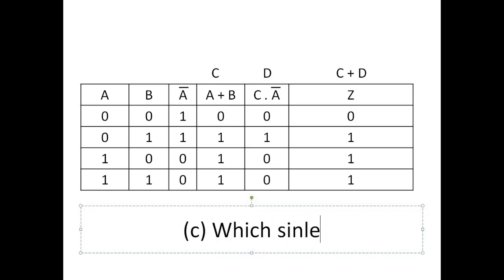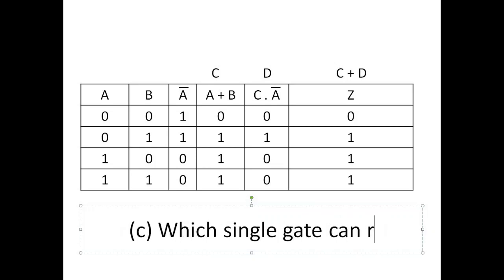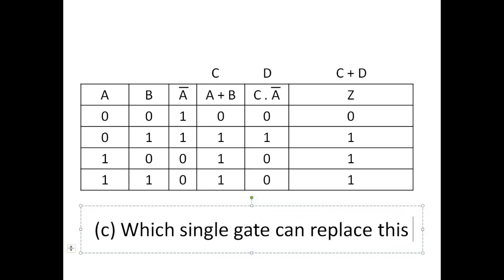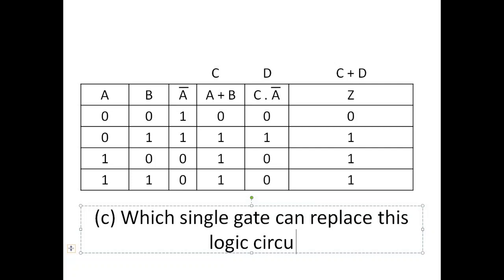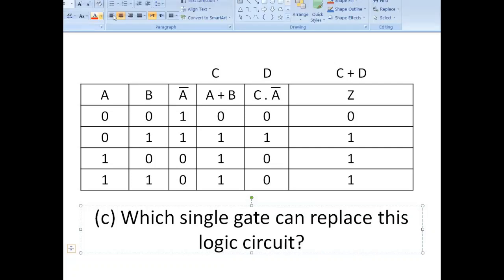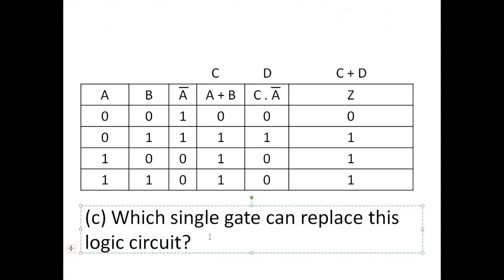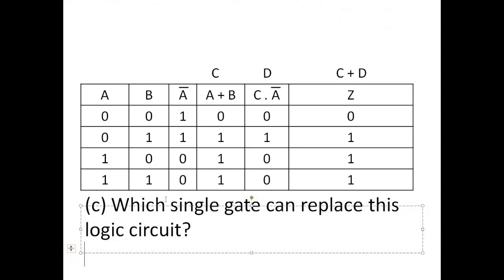Usually in these questions we have a part that says which single gate can replace this logic circuit. So for writing the answer, you are going to consider the 2 or 3 input columns and the output column, and you would see that when they both were 0, you got a 0.